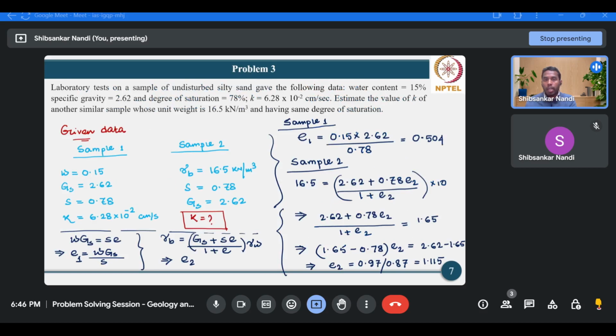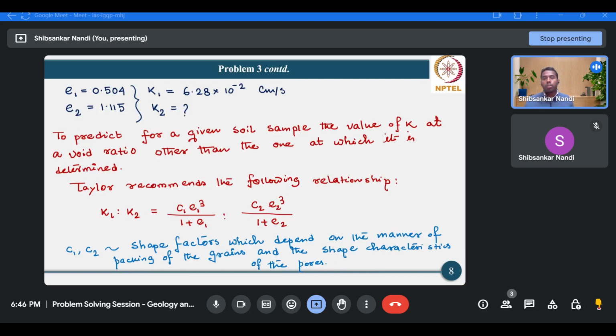Now coming to the third problem, we saw the application of a relationship given by Taylor to calculate the hydraulic conductivity value for a soil whose void ratio is different from a soil for which the hydraulic conductivity was given. So we have seen, indirectly, how the void ratio affects the hydraulic conductivity.